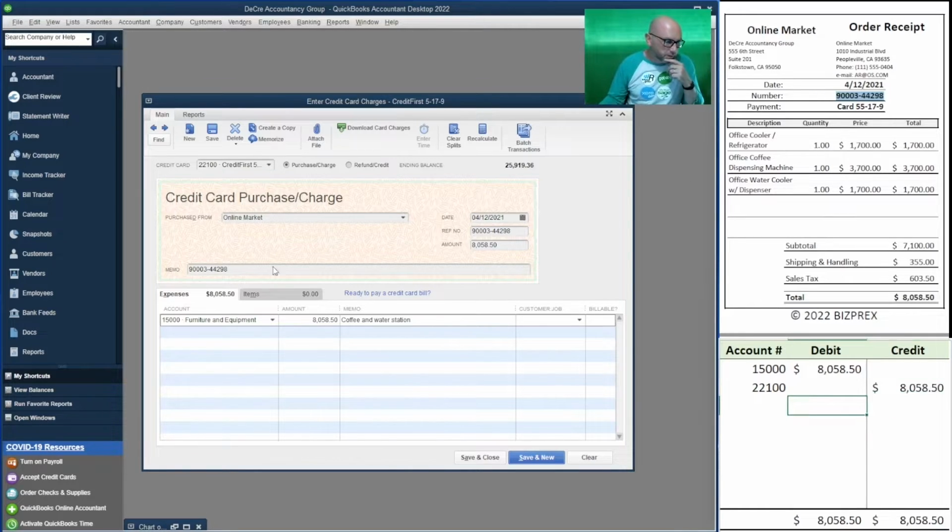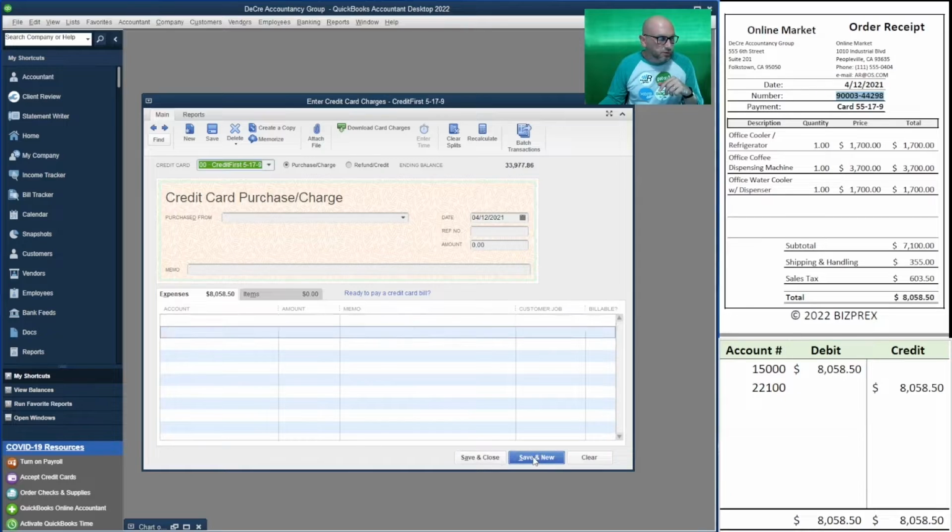There it is. Debits and credits are in balance. This is debit to account 1500, 15,000, the furniture and equipment. It's an asset. Assets go up when debited. And this amount is a credit to account 22,100. Our credit card, it's a liability. Liabilities go up when credited. That's it.